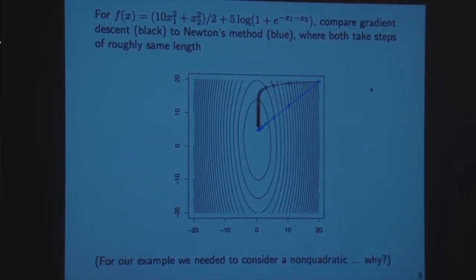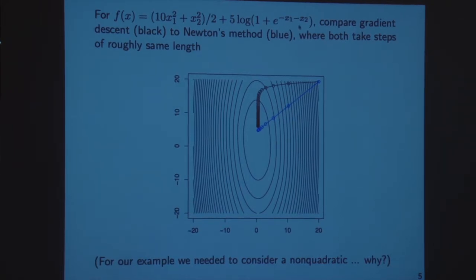So the reason I didn't take the same example, so in the gradient descent lectures, I just took this part as my function. I showed you a bunch of convergence plots to give you some intuition for what gradient descent was doing. I had to add this term, 5 log 1 plus e to the minus x1 minus x2 for this example. Why did I have to add that? Why couldn't I have just minimized f of x with gradient descent and Newton?